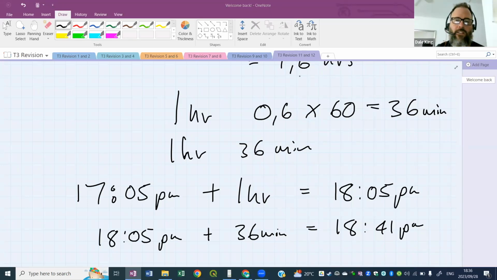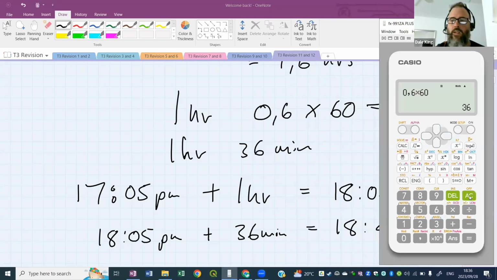All right. Now let's remind ourselves how to use the hours, minutes, and seconds button on our calculator to work this out. So we got to say 17 hours 05 minutes.